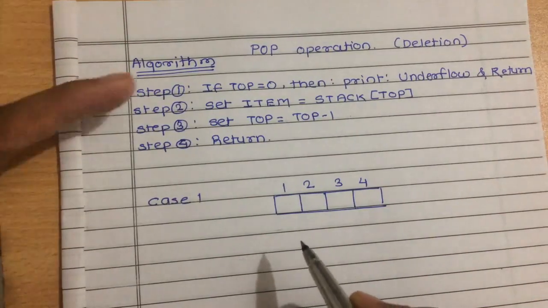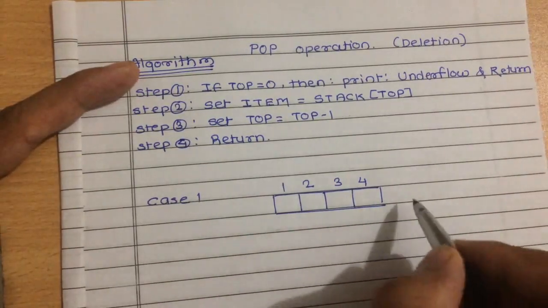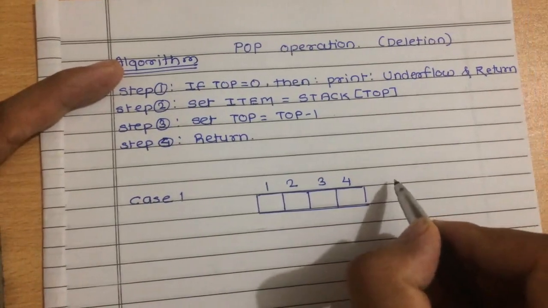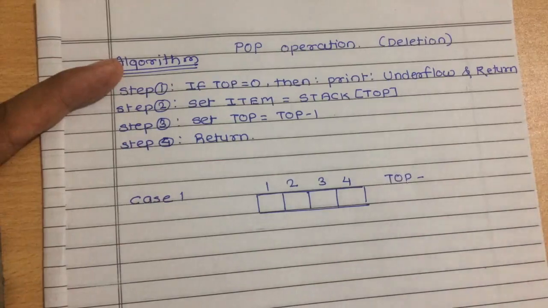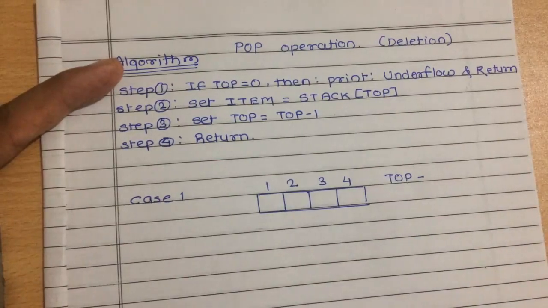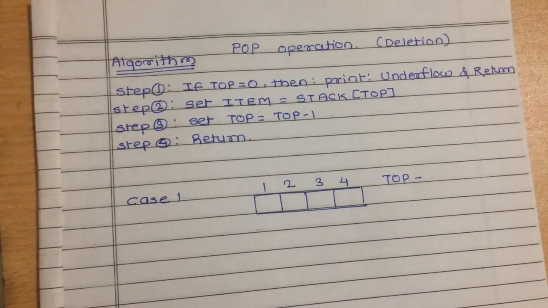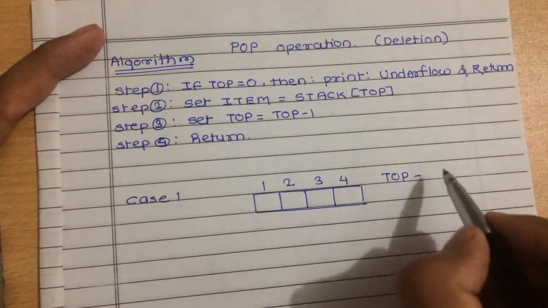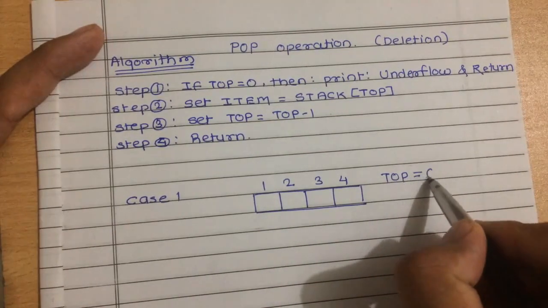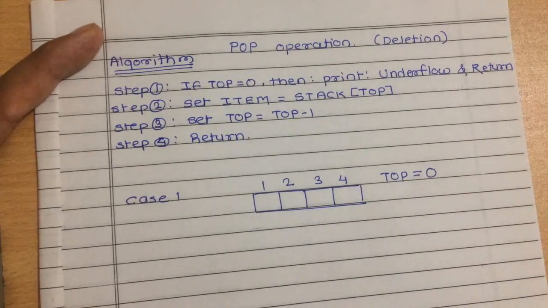First variable is called top. Basically this top is nothing but a pointer variable which holds the location of the top element of the stack. So here in this case, there is no element available in the stack. It means the value of top is equal to 0.